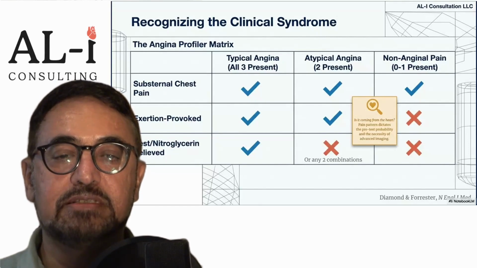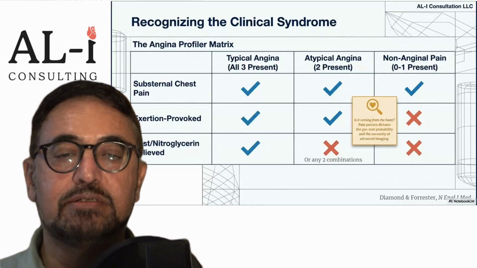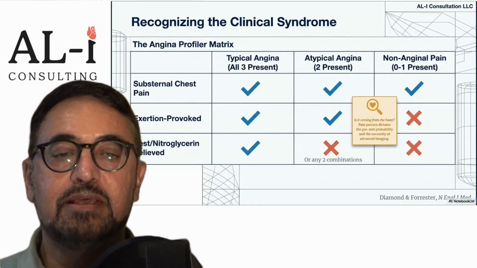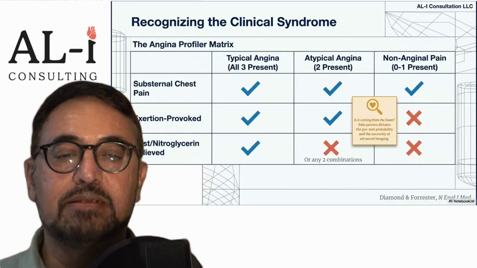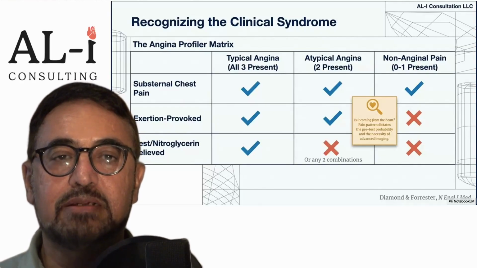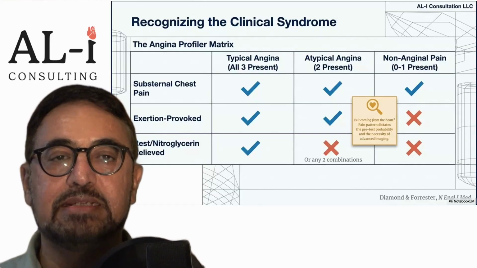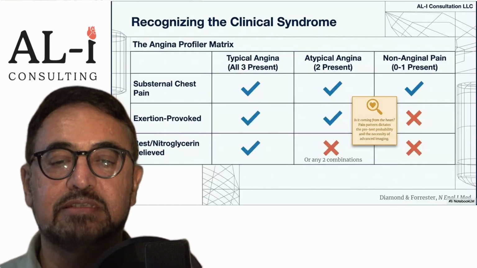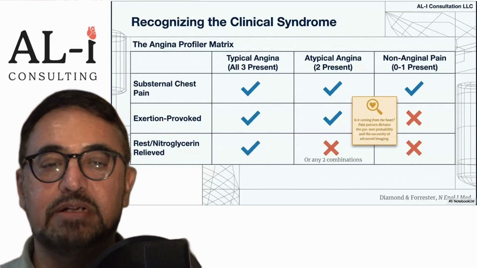This is temporary chest discomfort triggered by predictable exertion or emotional stress and relieved by rest. That is a pattern that tells us there's a supply demand mismatch. The myocardium is briefly unable to get enough oxygen during stress, but symptoms resolve when demand falls.